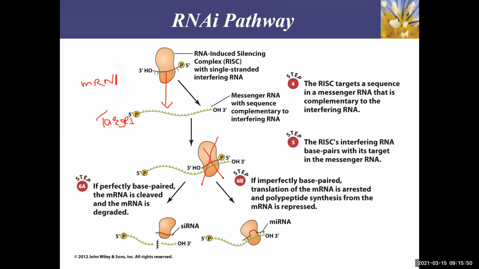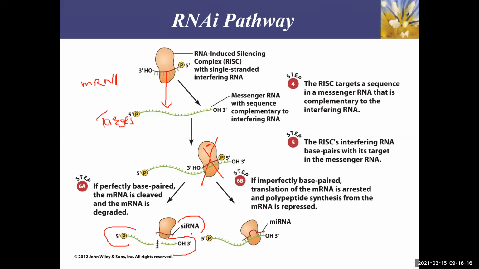Its translation is stopped, inhibited. It cannot express itself. And what will happen now? The RISC, the brown protein which was here, will cut this green one, the target mRNA, into smaller pieces, as you can see here. One fragment is this, another fragment is this.